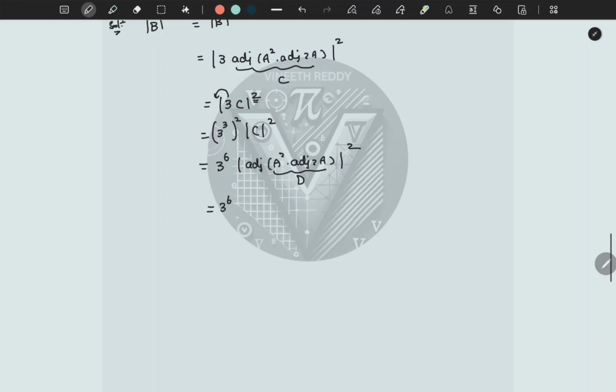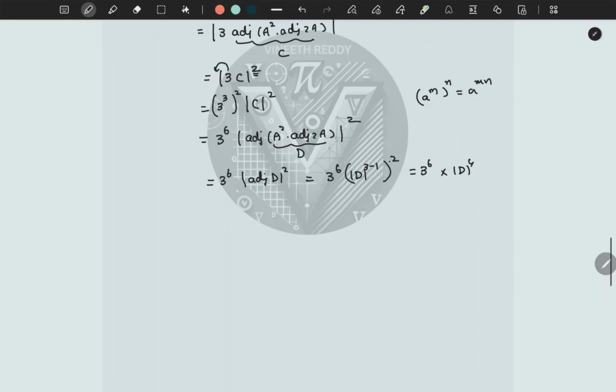So we can write this as determinant of 3 power 6 into adjoint D whole square, which can be written as: determinant of adjoint D will be determinant of D whole power n minus 1, and then we do have a square here. So we can write this as 3 power 6 into determinant of D whole power 2 into 2 is 4. Since A power m whole power n is A power m into n. Determinant of D whole square will be determinant of D whole power 4. What is D?